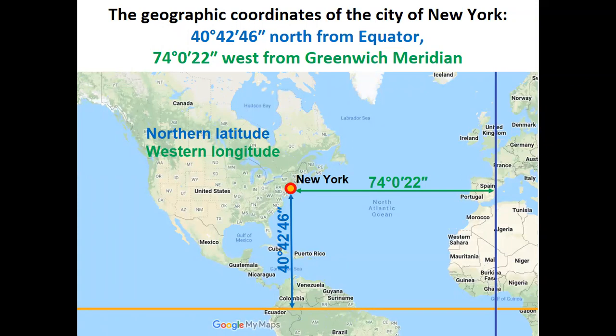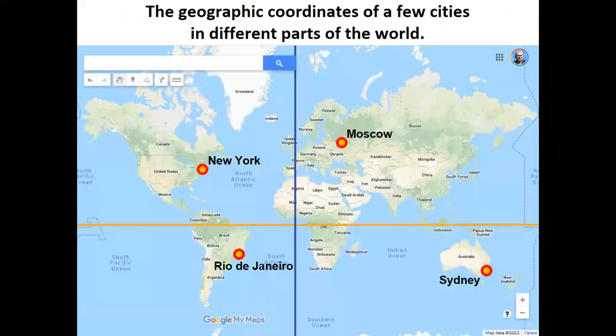This somehow distance, actually measured as an angle from equator and from Greenwich meridian, will give you the location of the center of New York City.